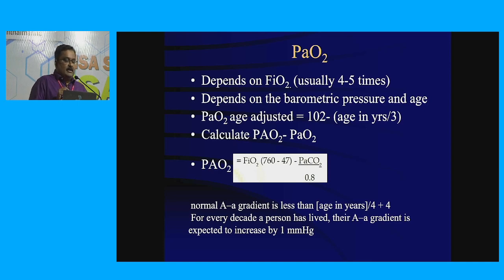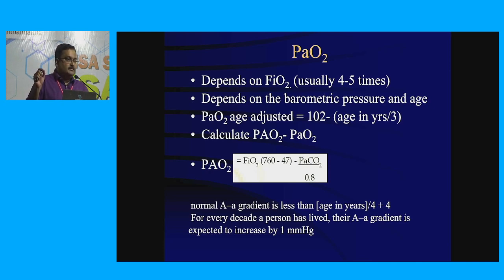Also you have to calculate the alveolar arterial oxygen difference. How do you calculate that? You have this formula. You can calculate the alveolar oxygen by using the alveolar oxygen equation. Everybody should know this: FiO2 into the barometric pressure minus the water vapor pressure minus the PaCO2 by 0.8.